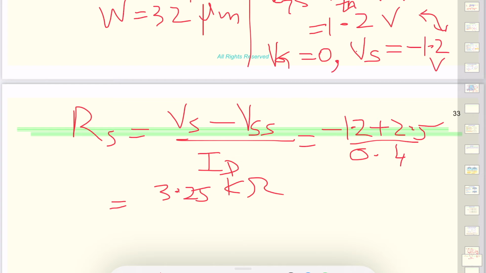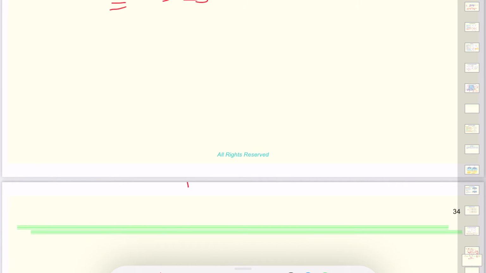So this is the straightforward way to find our drain resistance and source side resistance. Now in the new edition, this same question is done with different values, but the procedure is still the same.